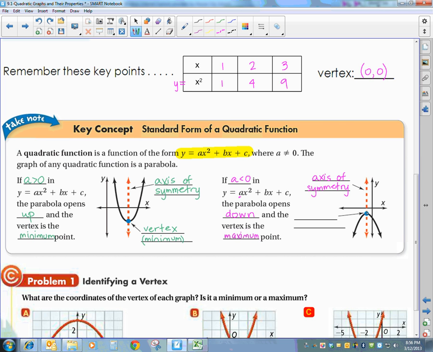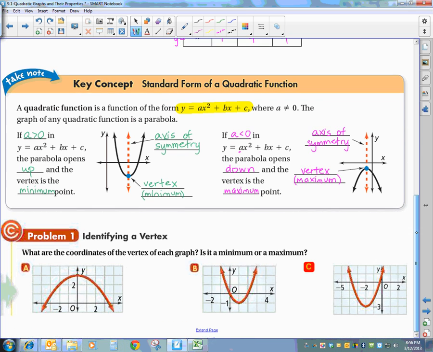And this point right here, this blue dot, is again our vertex. But because our parabola is opening down, hopefully you can see that that's the highest point, also referred to as the maximum. So our vertex is a maximum if it opens down, and it's a minimum if it opens up.